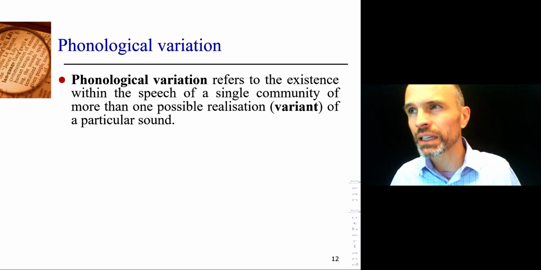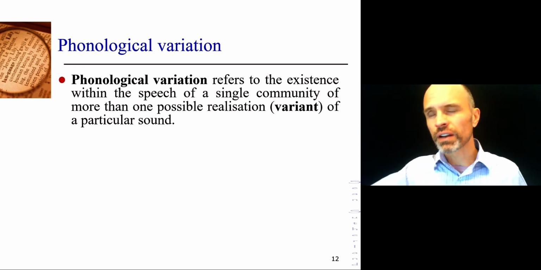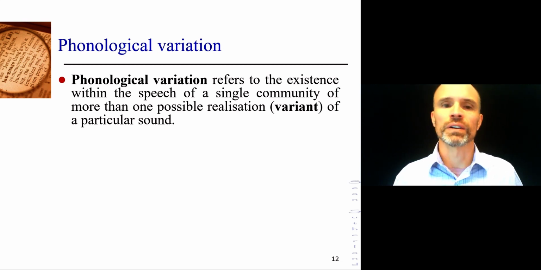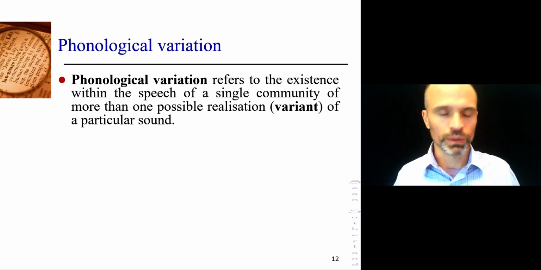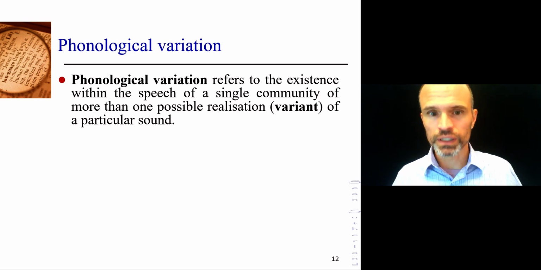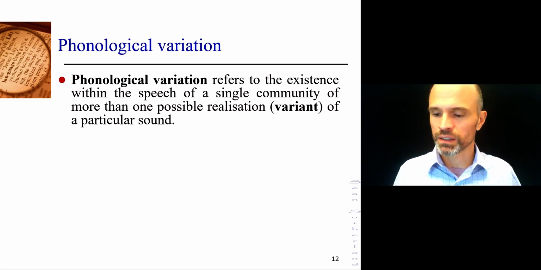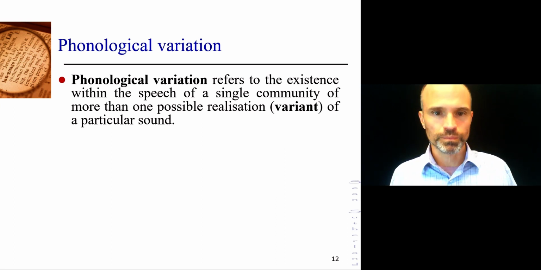If people hear it and they don't know what you're saying, it's not a phonological variation, it's just an error. And of course, over time, as we learn a new language, we get better and better and we become understood. In other words, we start to use one of the variants that speakers of that language use.